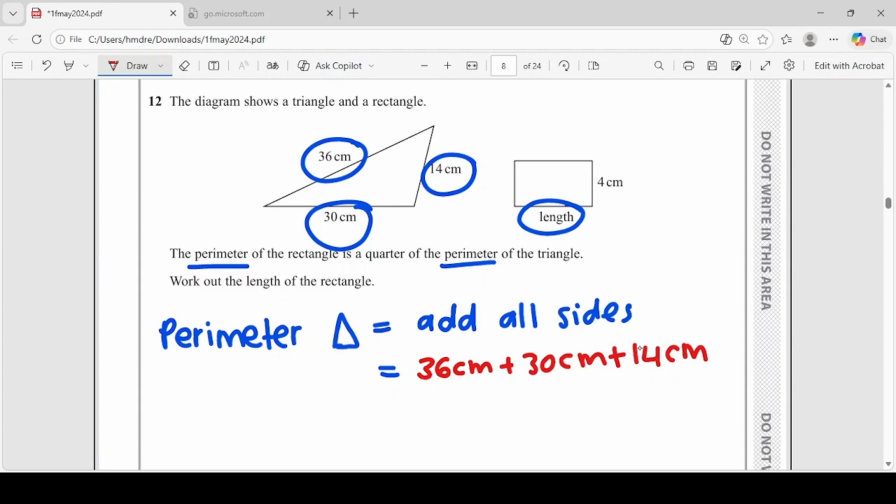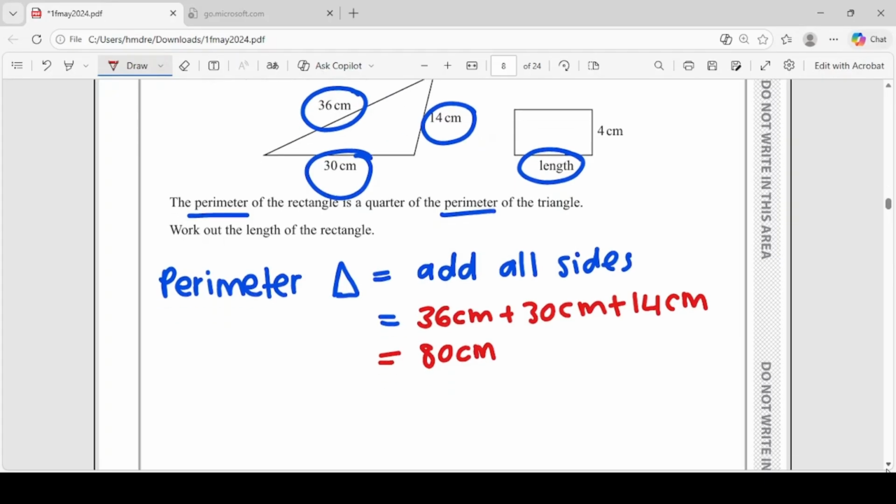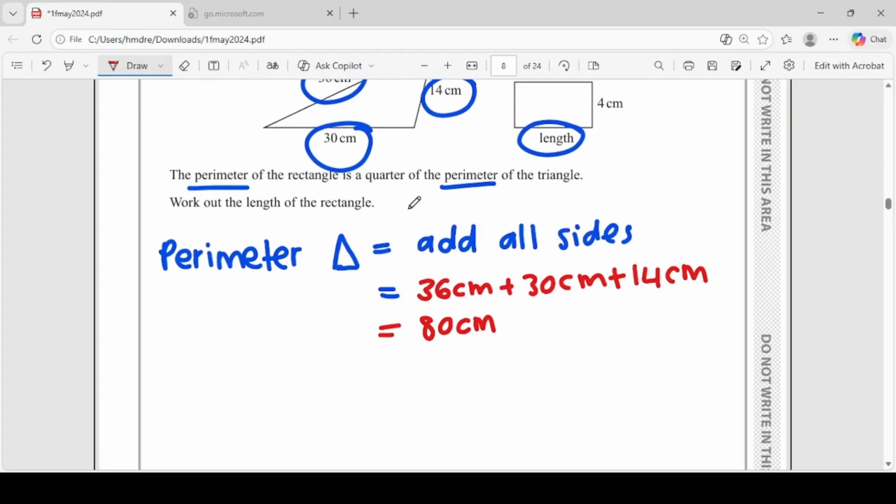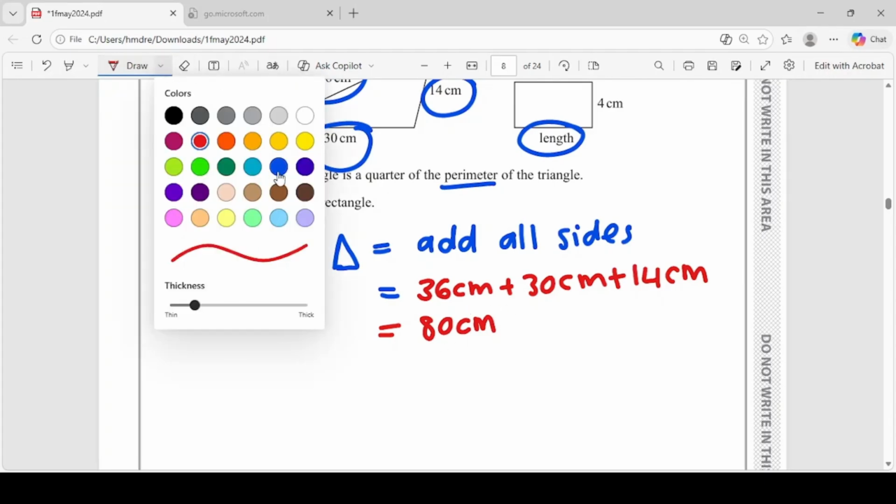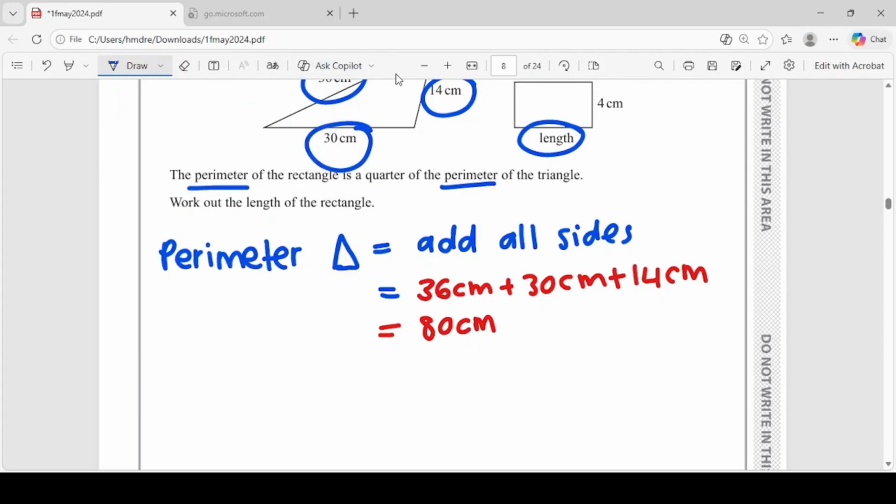Add the 14, it's going to be 80 centimeters. Okay, and then the next thing they tell us is that the perimeter of the rectangle is a quarter of this. So we can then work out the perimeter of the rectangle.